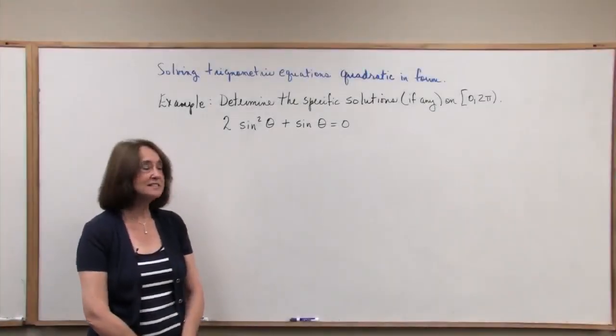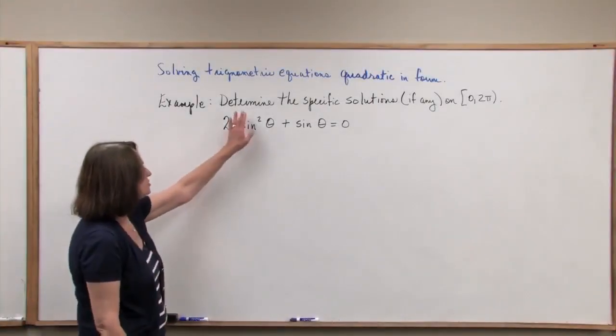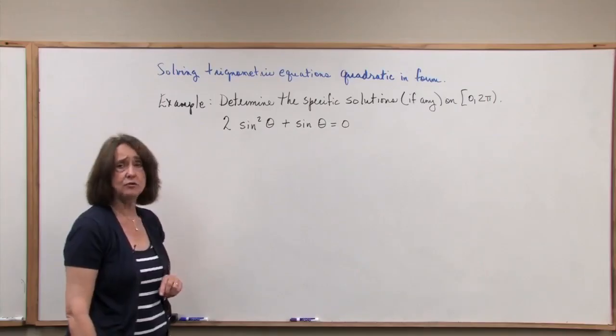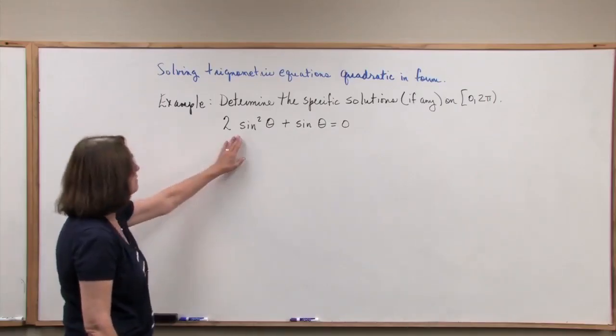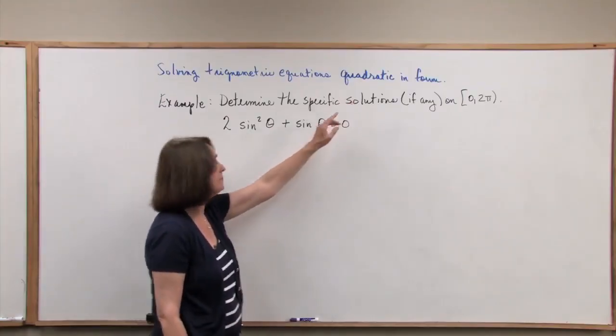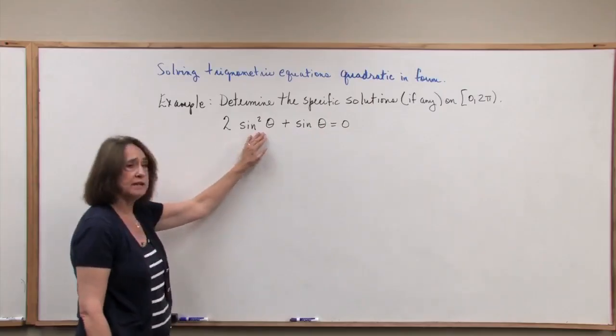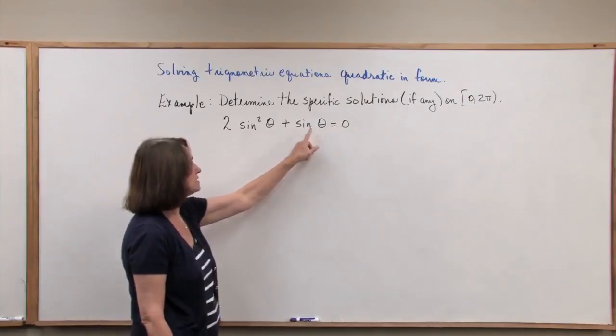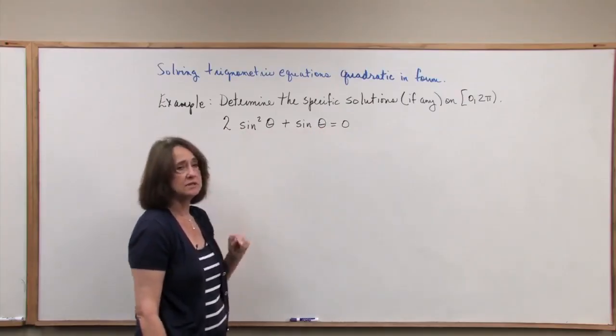We'll take a look at this example. We want to determine the specific solutions, if any, on the interval from 0 to 2 pi of the trigonometric equation that is quadratic in form, and our example reads 2 times the sine of theta squared plus the sine of theta equals 0.